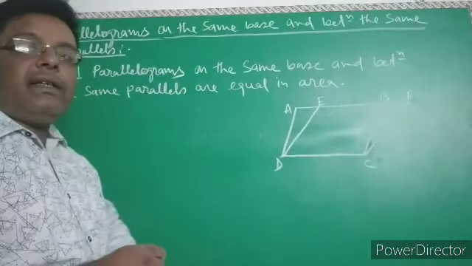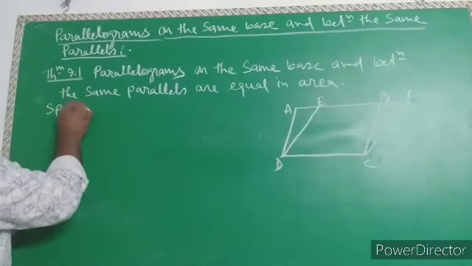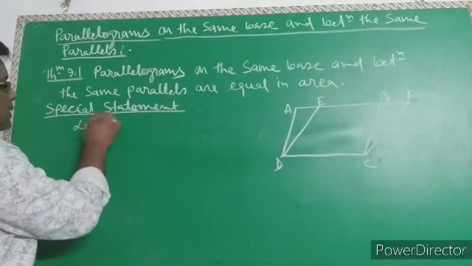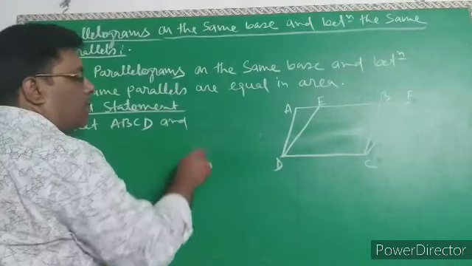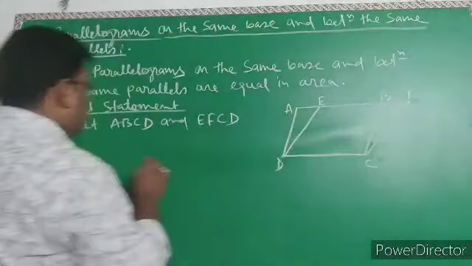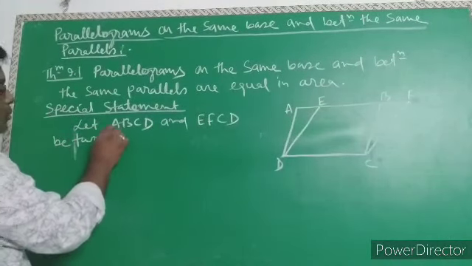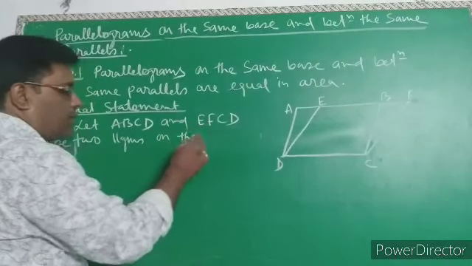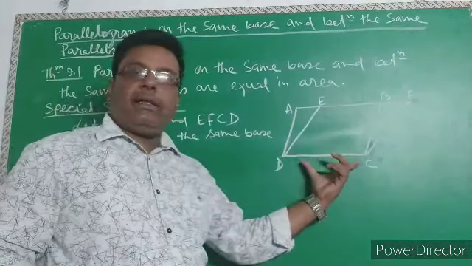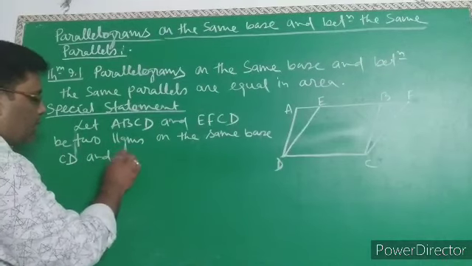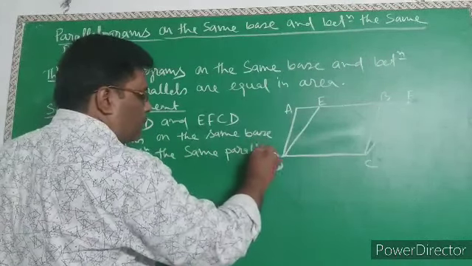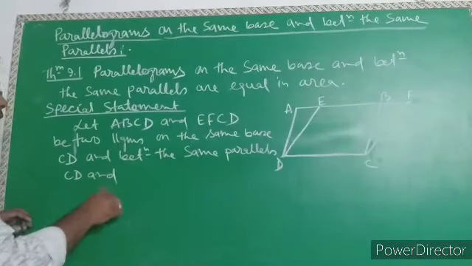So first we have to write the special statement. Here we have to write: let ABCD and EFCD be two parallelograms on the same base CD, this common base is CD here, and between the same parallels CD and AF.